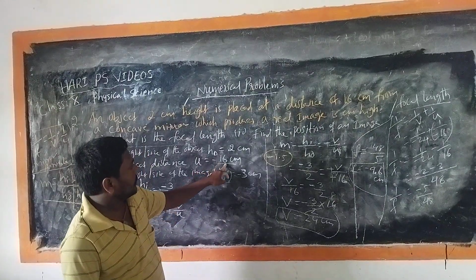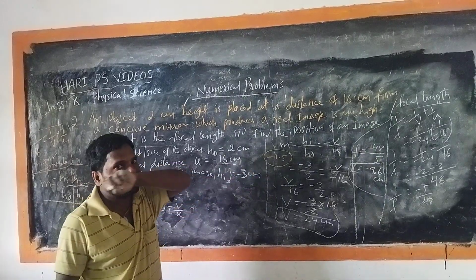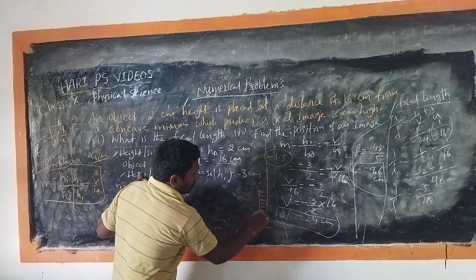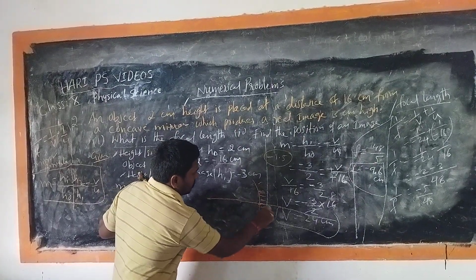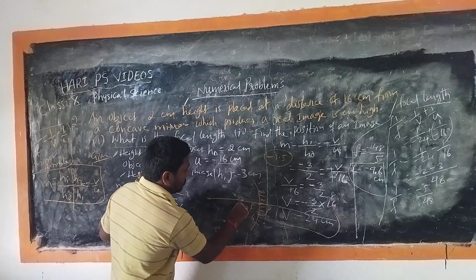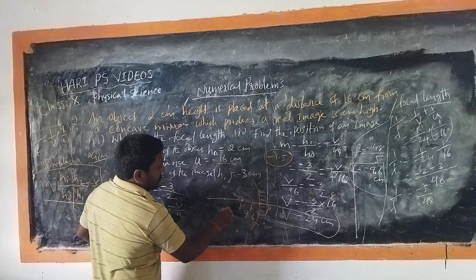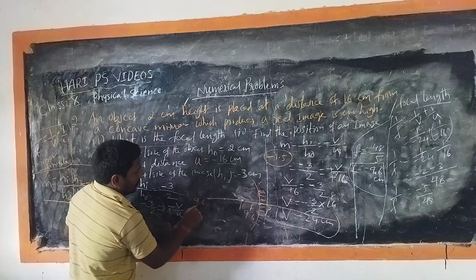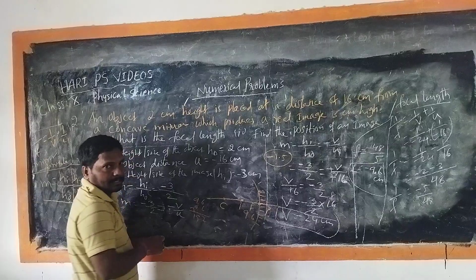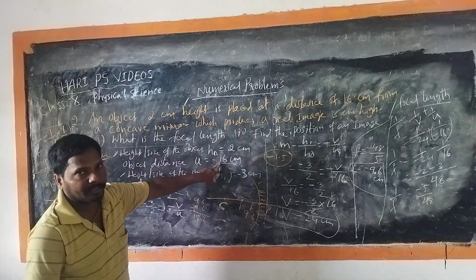So the object distance is minus 16 centimeters. The focal length is minus 9.6 centimeters. So, for the diagram practice: here the focal length is 9.6, the focus at 9.6, and twice that is 19.2, here the center of curvature. Where the object is placed, 16 centimeters.